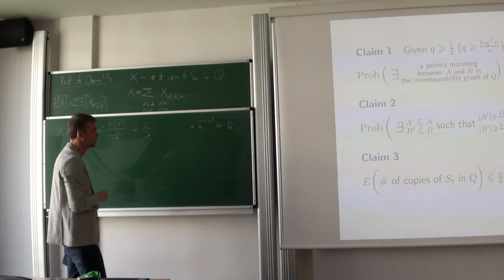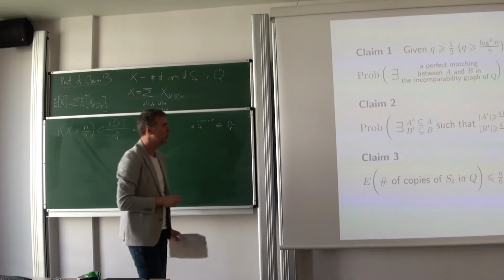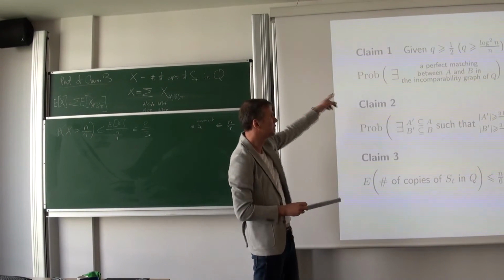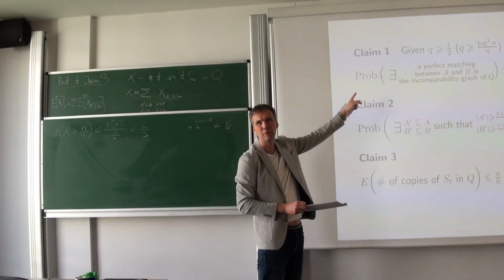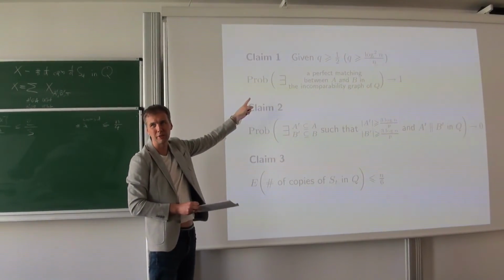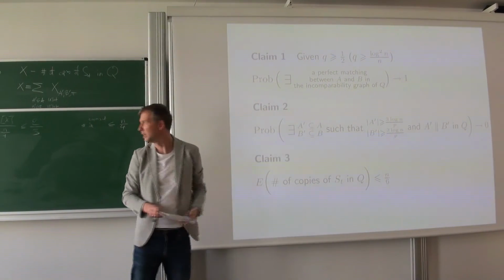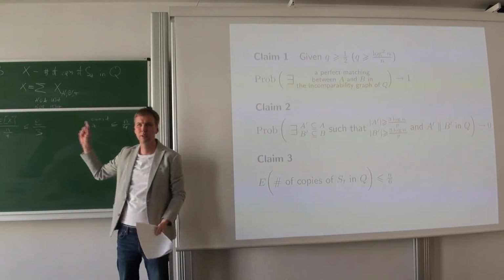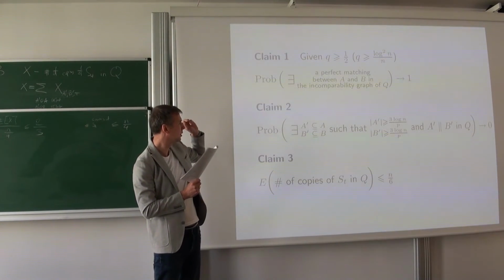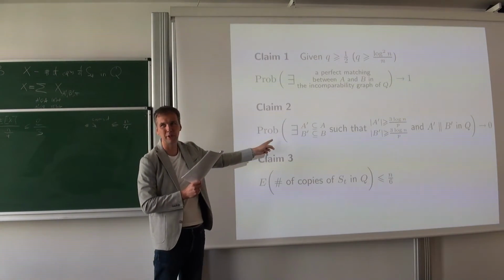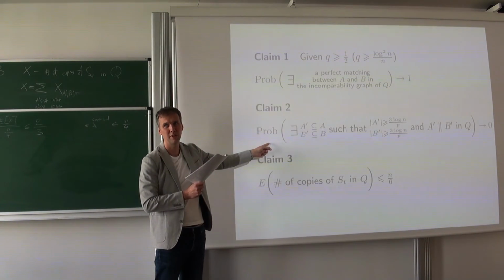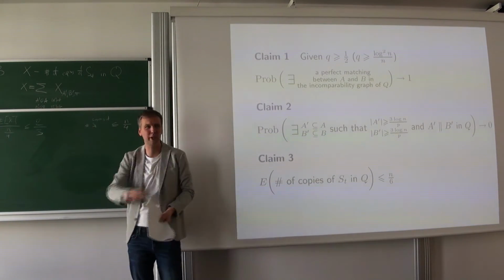Now, I want to have this perfect matching. With very small epsilon, I don't have it, and I have enough space in my probability. And here I want this property, which fails only with very small probability if n is large enough. And I have a volume 1/3 here, so I can have the two claims.